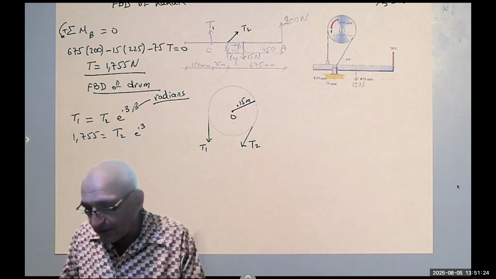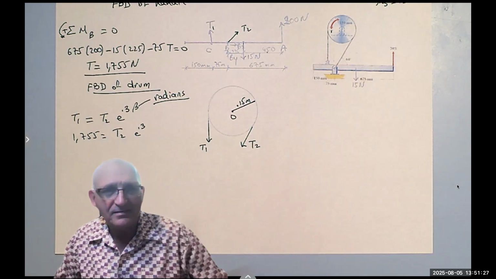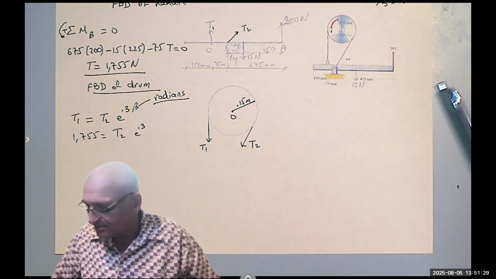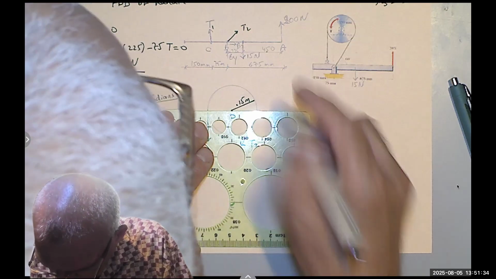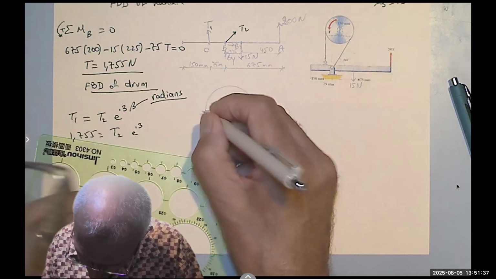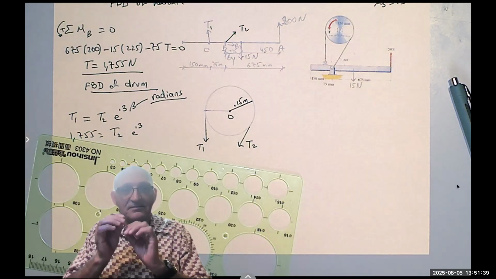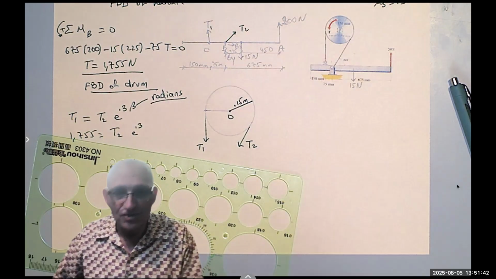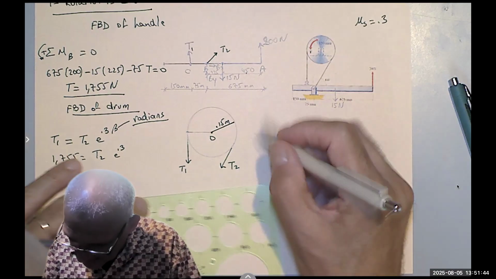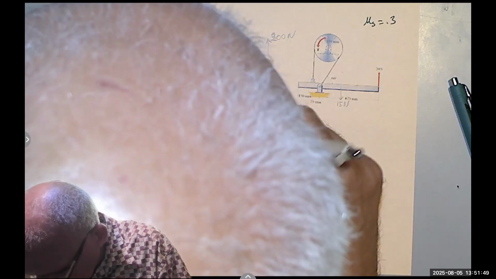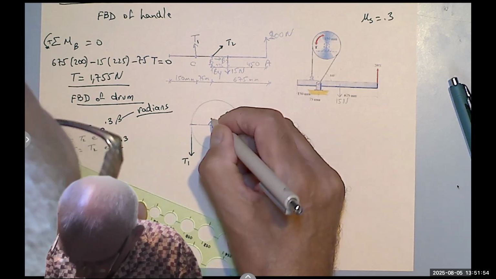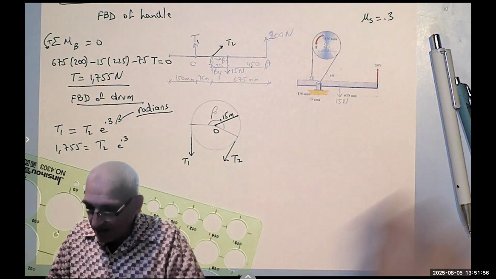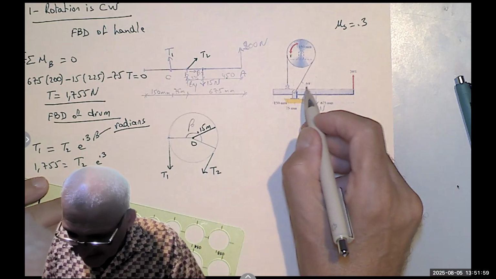Okay, so now we say, what is beta? Usually the books will tell you, which is correct, by the way. First of all, here is theta 1, that's the point where the belt leaves the drum, okay? And here is the other point, and this angle is beta. They give you this angle to be 60 degrees.